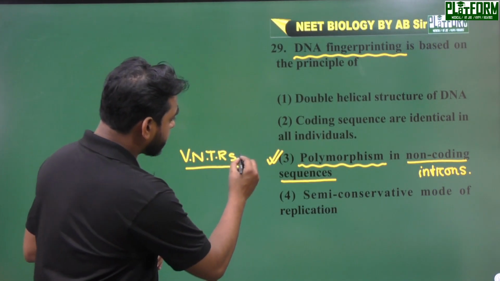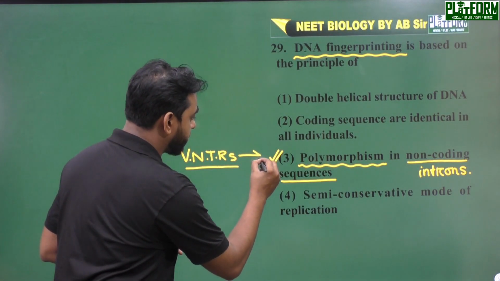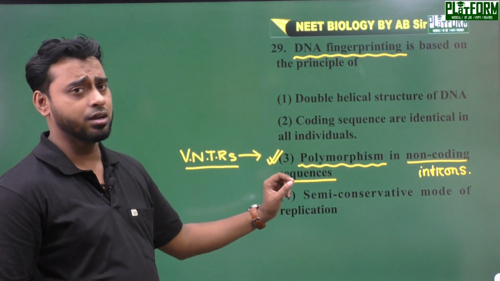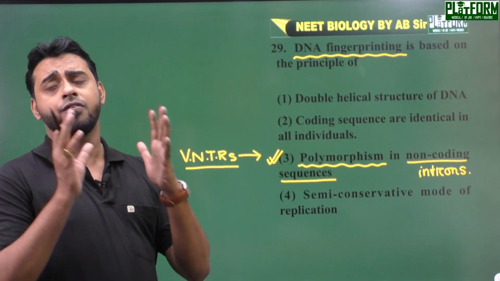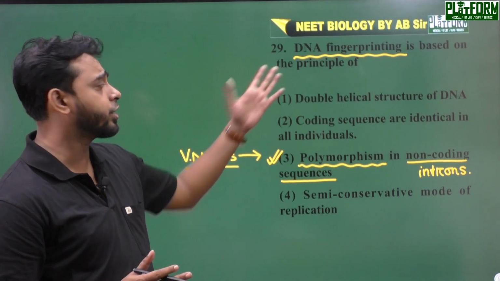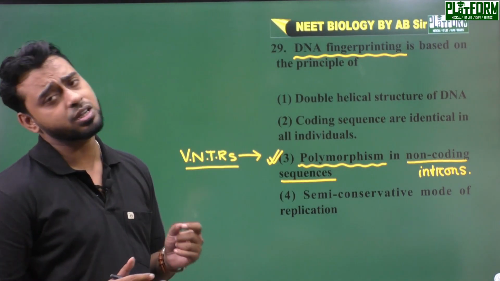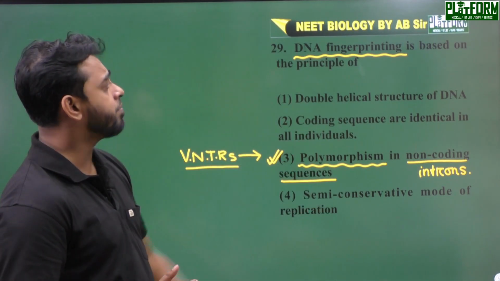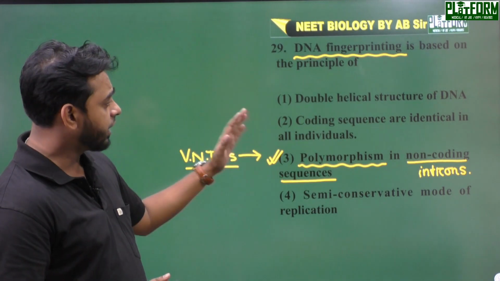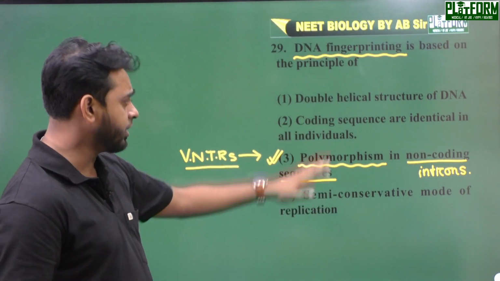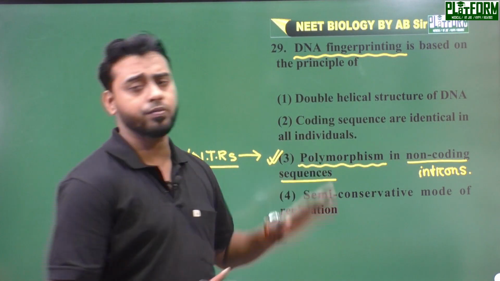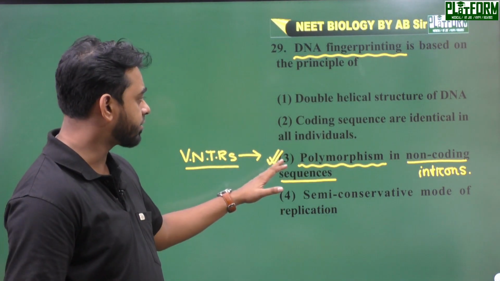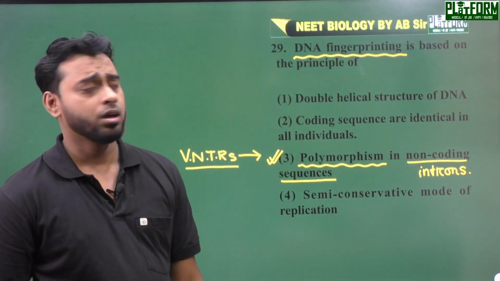And by using this particular character, we can establish a very advanced tool of molecular biology that is known as DNA fingerprinting. So, the DNA fingerprinting is mainly based on the principle that the polymorphism is present in the non-coding sequence in the DNA. Okay. So, the answer will be 3.